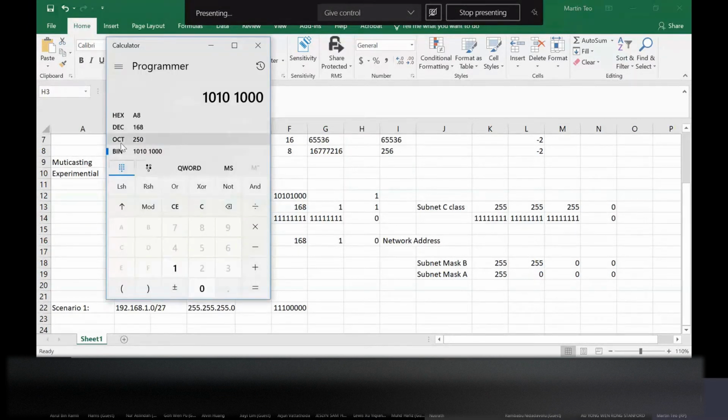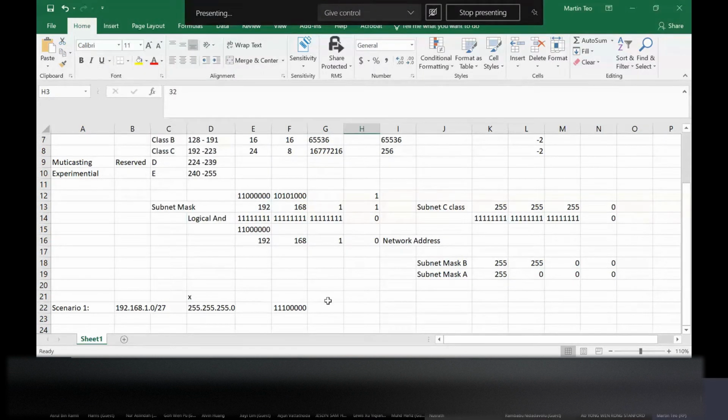So our subnet mask for /27 will be 224, that is 255.255.255.224. This will be the new subnet mask if we are using a /27. Now I'm teaching you how to calculate the subnet mask.